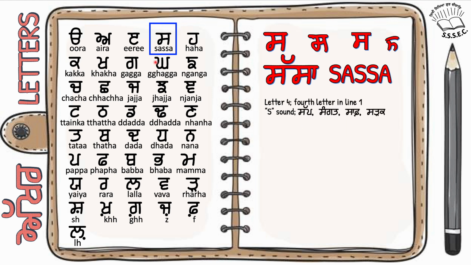So letter number 4. Sassa. Gurmukhi da chautha letter hai sassa. We're going to try and speed things up a little bit. So from now on, all of these letters can be used with all of the matra. So we'll just try and speed through it, learn how to write these.